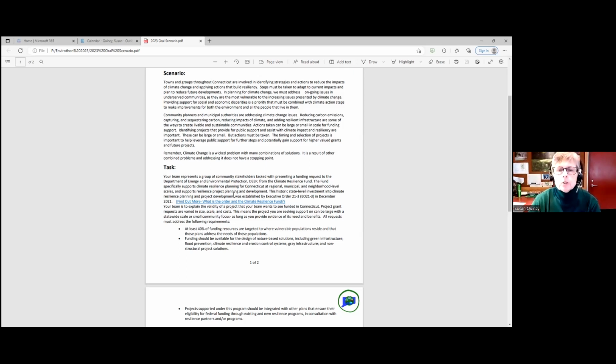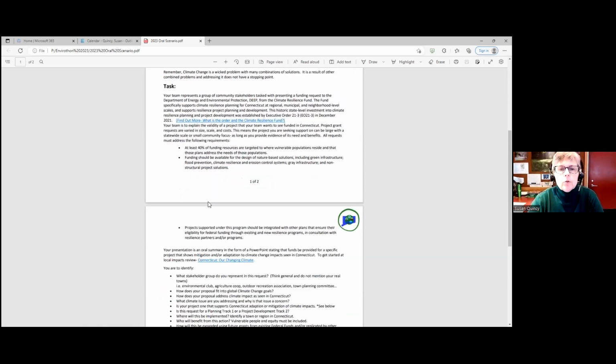And that's your action. So what you're going to be doing is providing low impact recreational access lines or something like that, that would allow people to improve parks in their area, as well as come out to your area, whichever you want to come up with. But there again, it has to be at least 40% targeted for vulnerable populations.